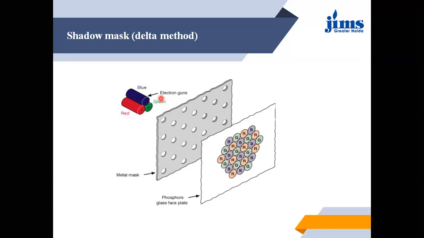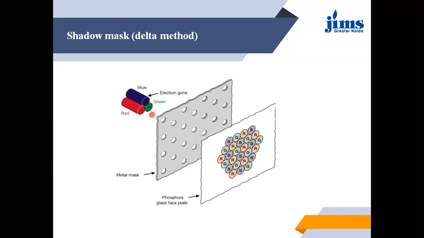The combination of these three beams strikes the phosphorus, and the phosphorus glass also contains three colors, blue, green, and red, in a pixel.